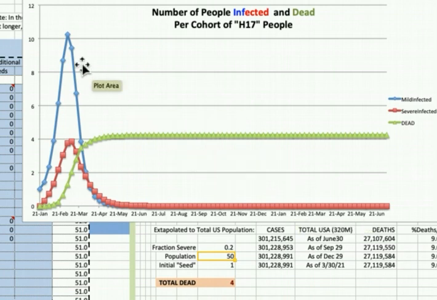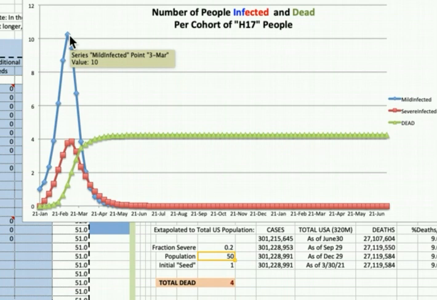You'll notice also that because so many were mild and got out quickly, the peak of the curve has gone from 17 March to about 3 March, two weeks earlier for the peak. So that gives you an idea of what could happen.